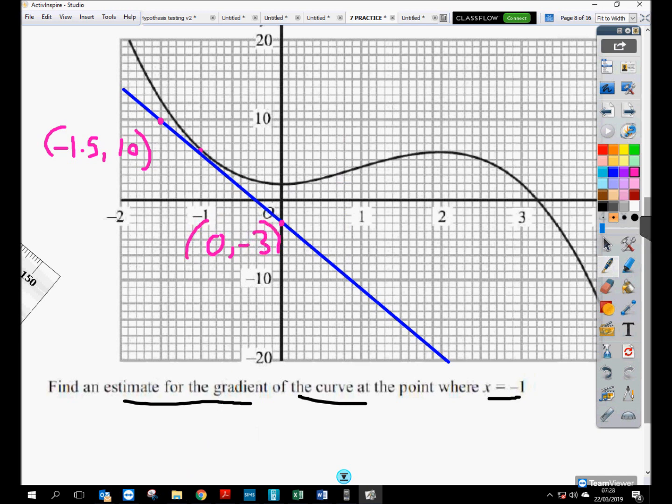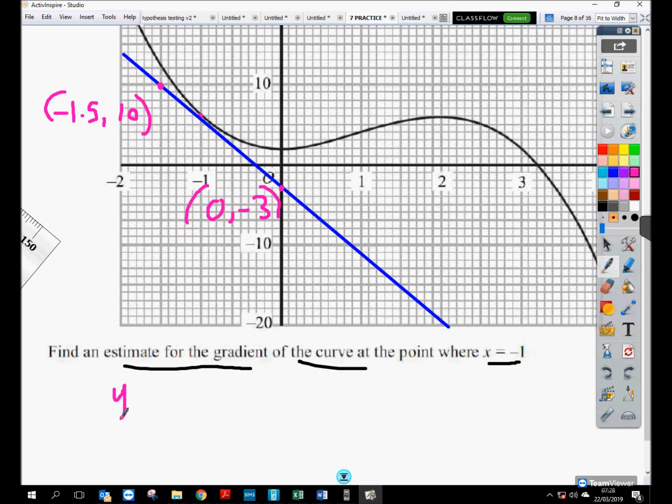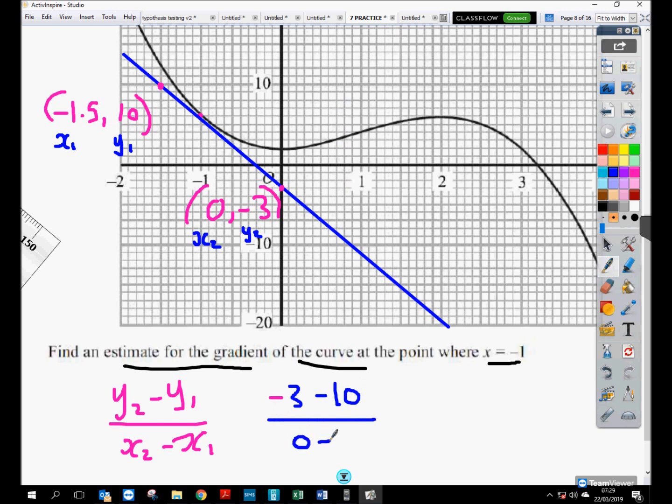And now I'm going to use the formula for gradient, which is y2 minus y1 over x2 minus x1. So like this. If I label the coordinates x1, y1, and x2, y2, substitute into the formula, so you have -3, take away 10, over 0, minus 1.5.